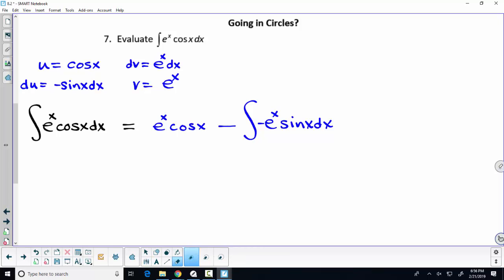I don't know if y'all like to leave the signs in there or not, or change them, but I'm going to change this to this. So more than once, just be careful of all your signs while you're breaking up. What we're breaking up now is this into two more pieces.